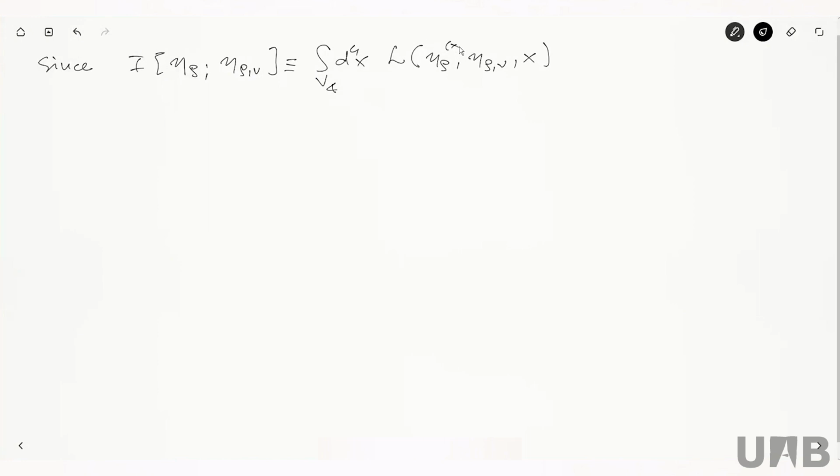Of course, this depends on x in principle. And the new action depends on the new fields and derivatives. So that's the integral d4x prime, and this is a new Lagrangian density of the new fields.